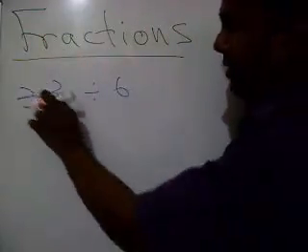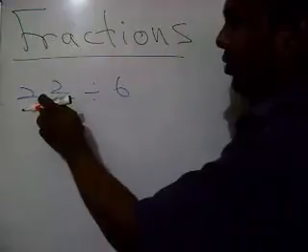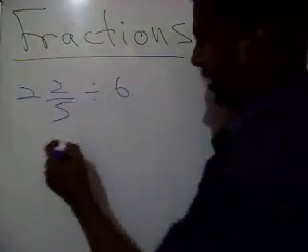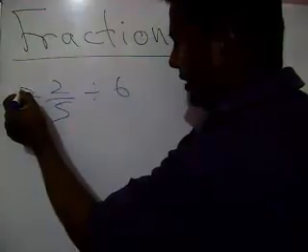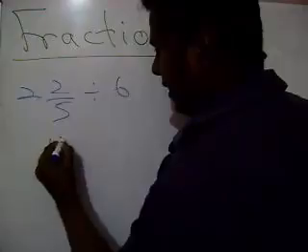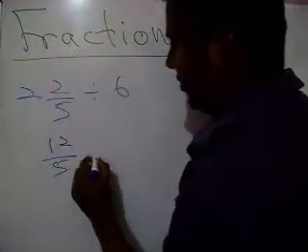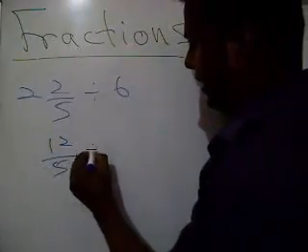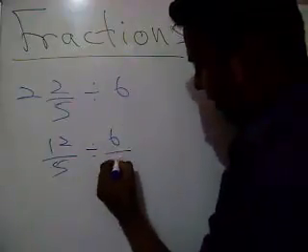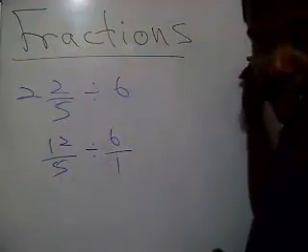The first step is we need to convert this mixed number into an improper fraction. So 5 times 2 is 10, 10 plus 2 is 12, so 12 over 5 divided by 6. When you say 6, it's obviously 6 over 1.